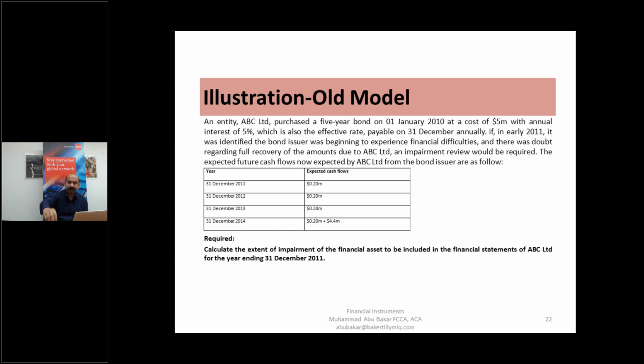So in this case, you will multiply the cash flows with the discount factor, which is 1 divided by 1.05, and the next with 1 divided by 1.05 raised to power 2, and the next with 1 divided by 1.05 raised to power 3, and the last with 1 divided by 1.05 raised to power 4.